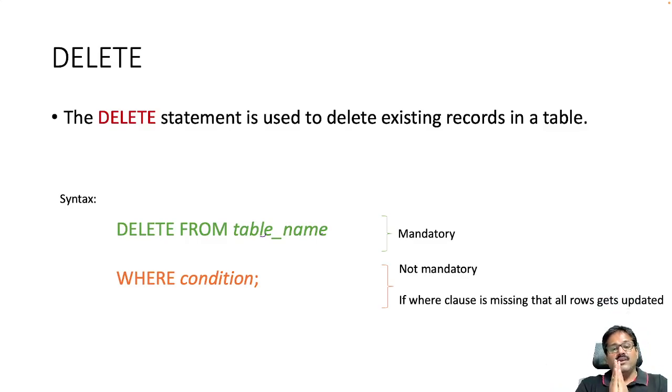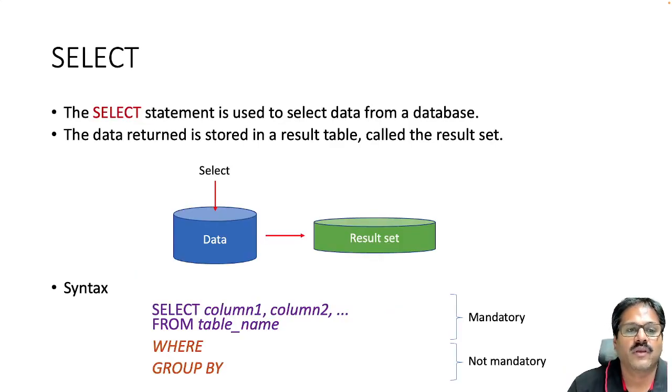Next one, the delete statement. As its name implies, it is used to delete the records in a table. Then the next one is the select command. The select command is used to select the data from the database.